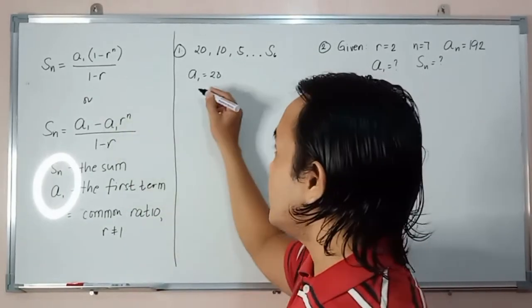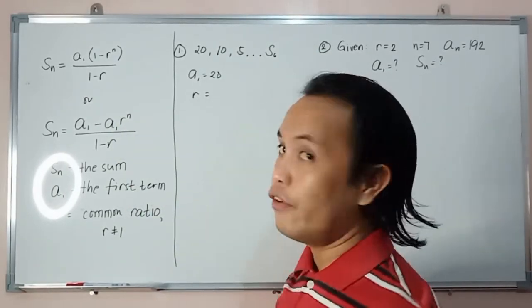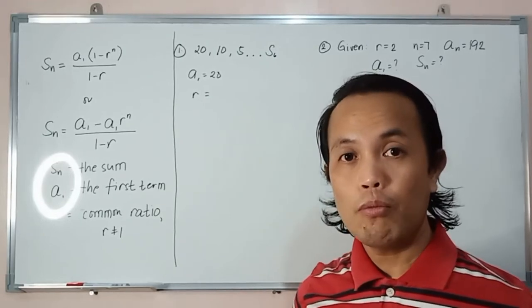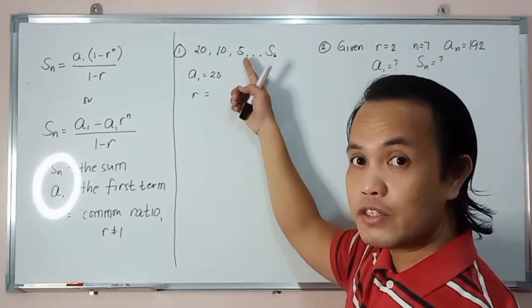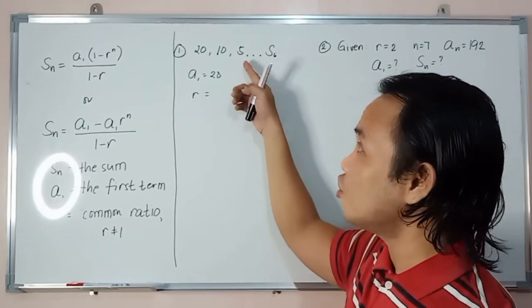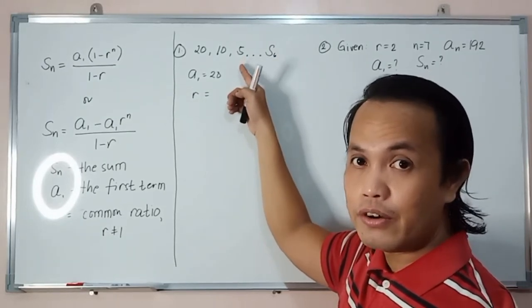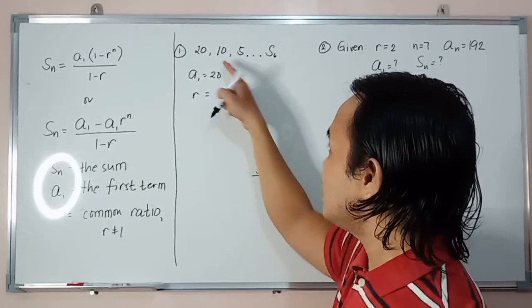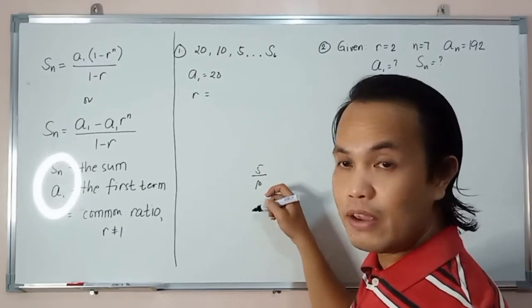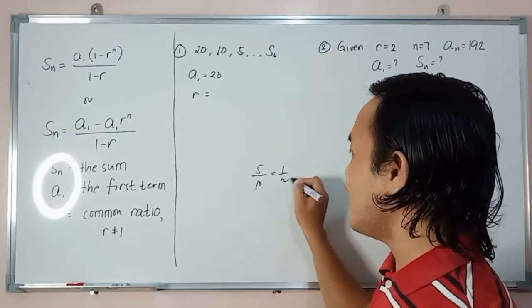Then we also need our common ratio. How to get the common ratio? We simply divide, starting from the term 5. So 5 divided by 10, reduced by 5, will give us 1/2.